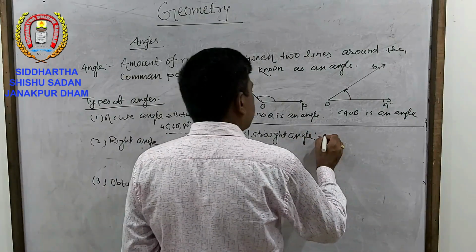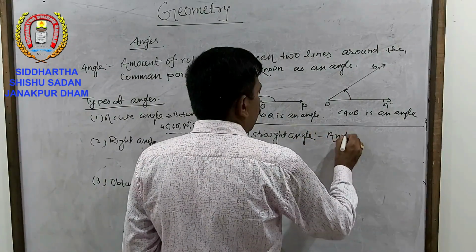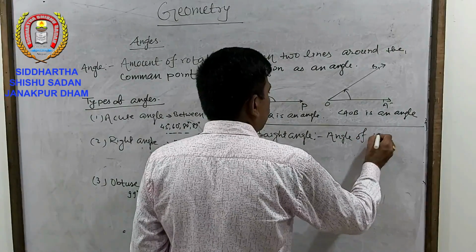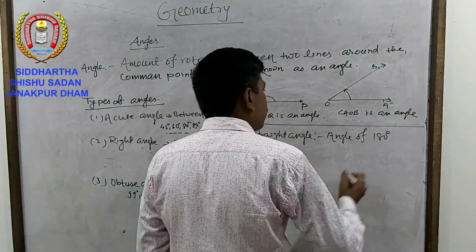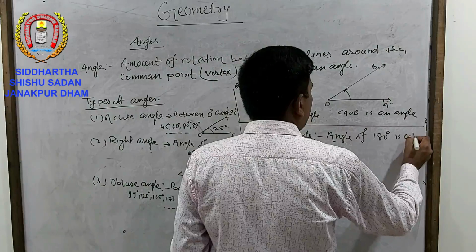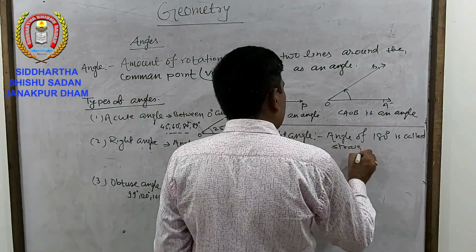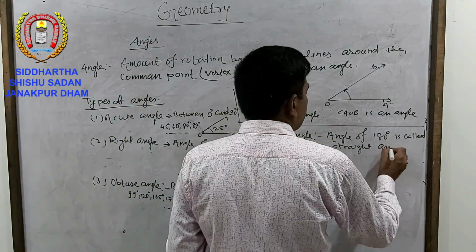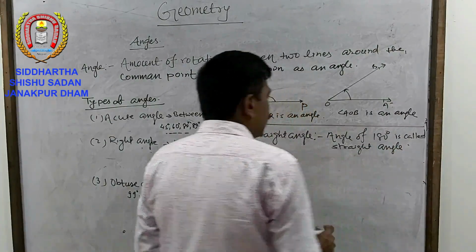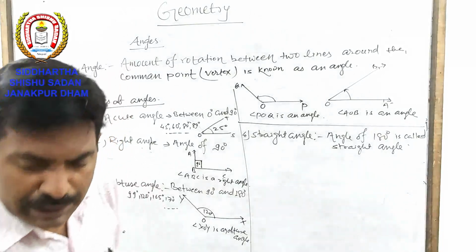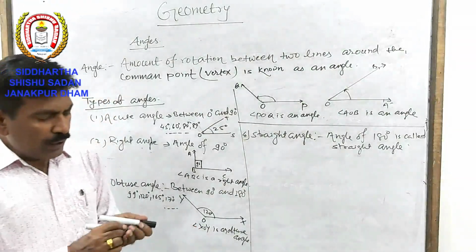That means an angle of 180 degree is called a straight angle.